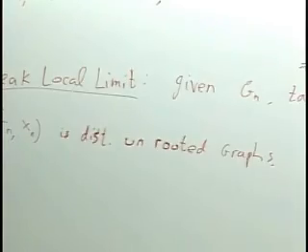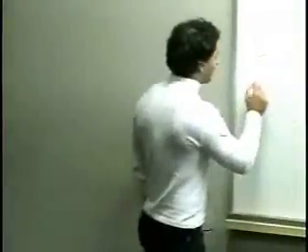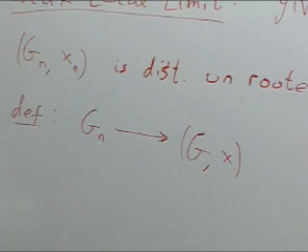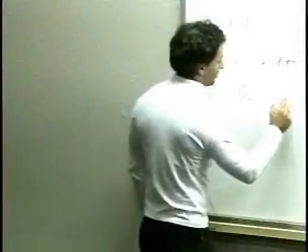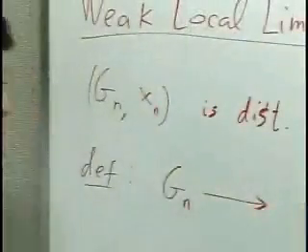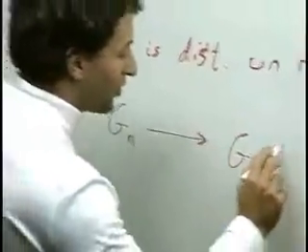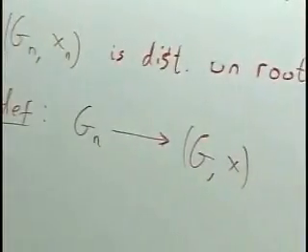And specifically what this means, the definition would be that Gn converges to some random rooted graph, and this will be a weak local limit.